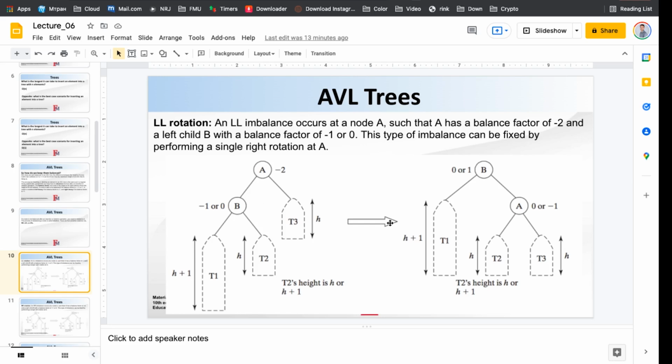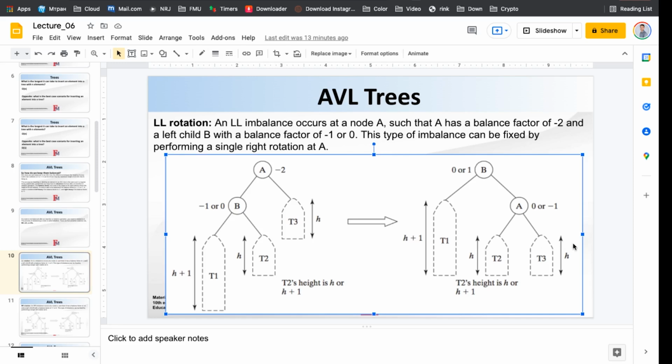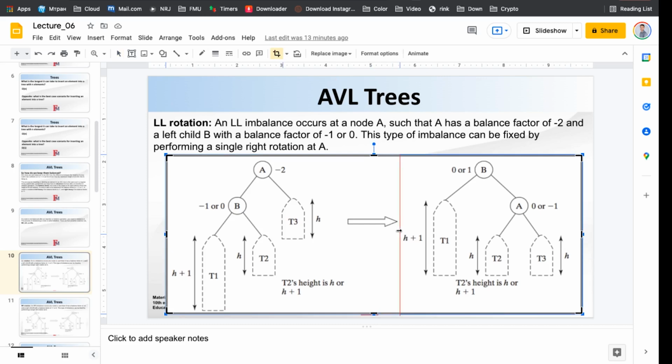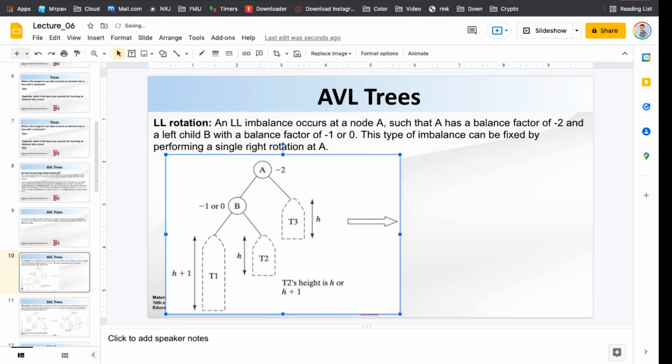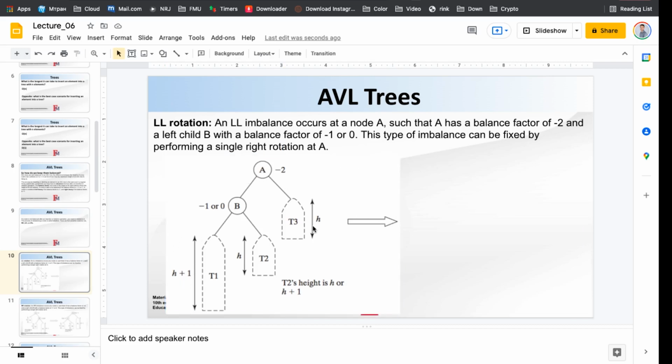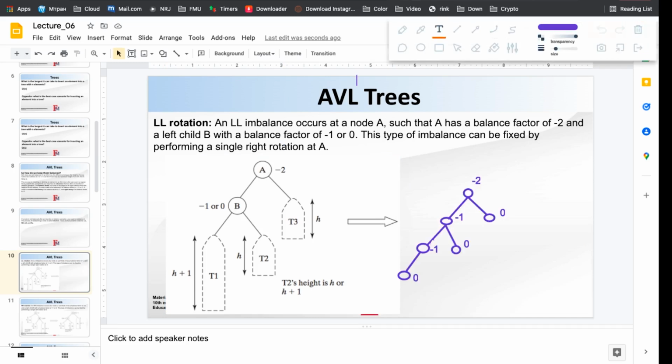Here's the way I remember. We're going to rotate this tree, and here's the direction of how we're going to do it.